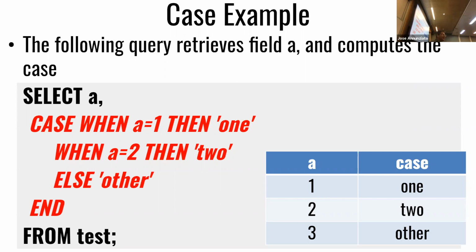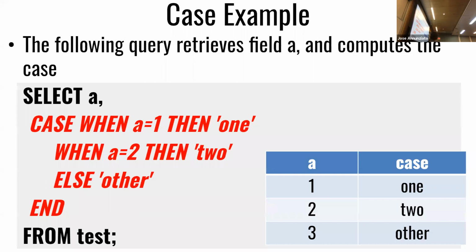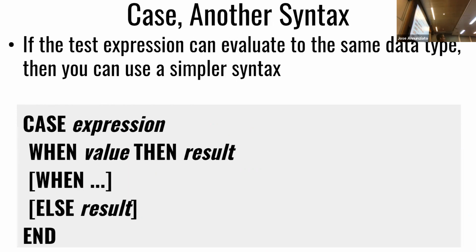There's a simpler version of this where instead of having multiple predicates, if A is equal to 1, if A is equal to 2, these are all individual if else, if else, the simpler way is to use just switch case.